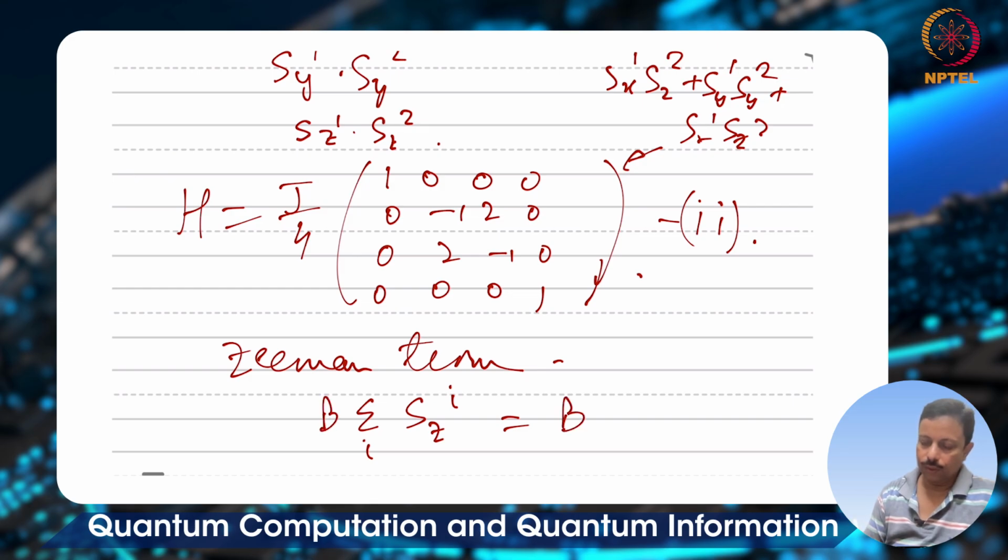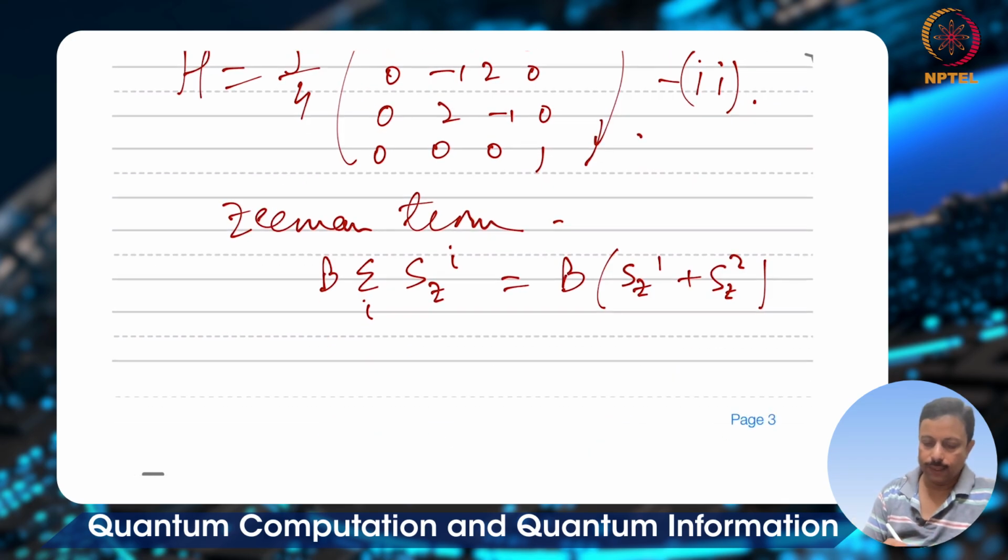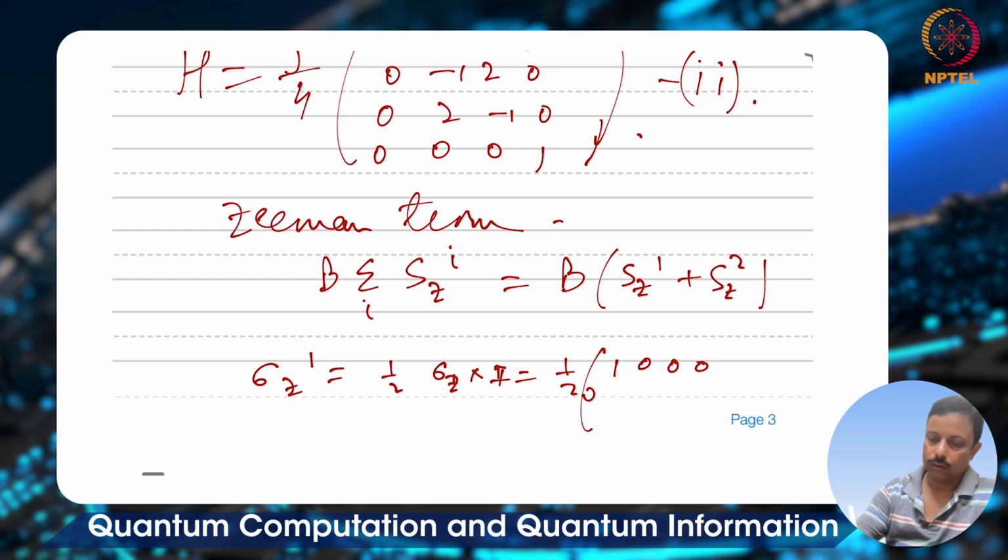It is simply B times Sz1 plus Sz2, and Sz1 is, as you know, half of sigma z tensor identity, and that's basically 1 by 2 of the diagonal matrix 1, 1, minus 1, minus 1.